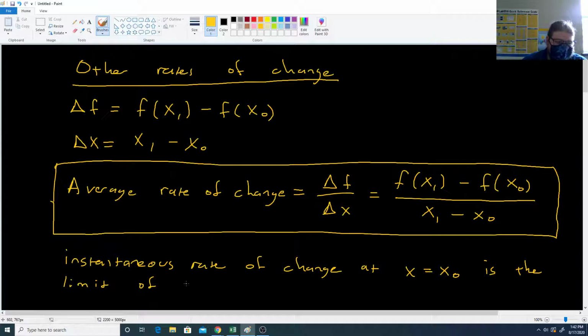So the instantaneous rate of change at x equals x0 is the limit of the average rates of change as the interval gets smaller and smaller.